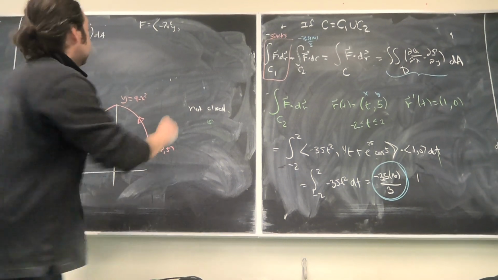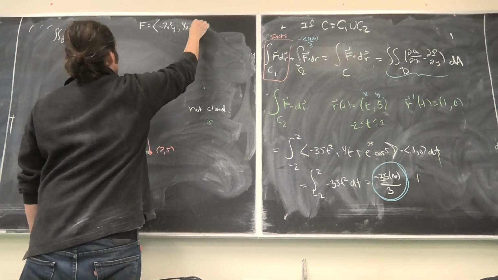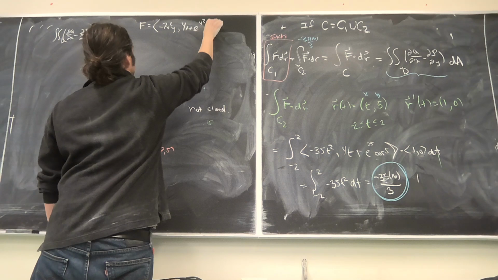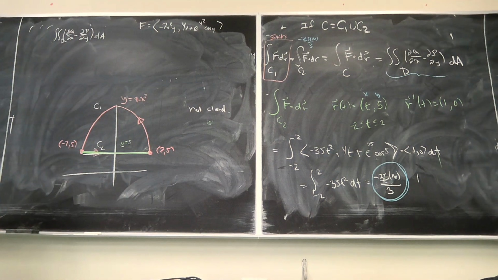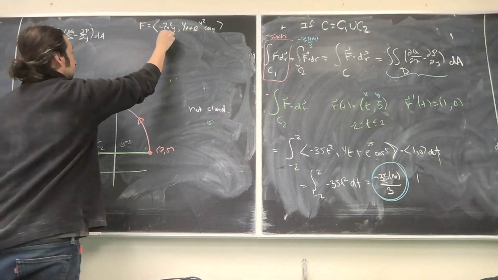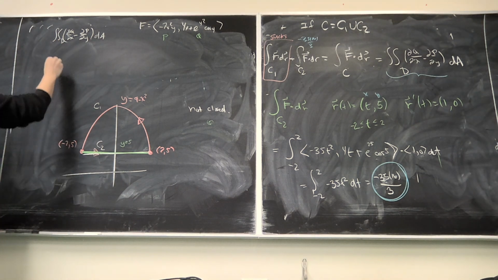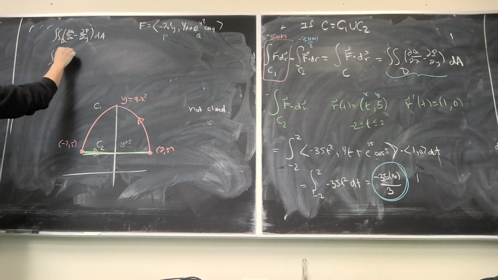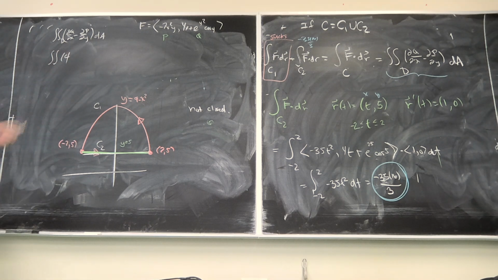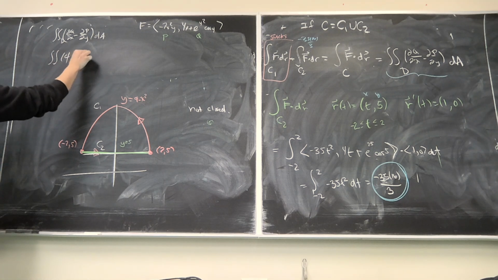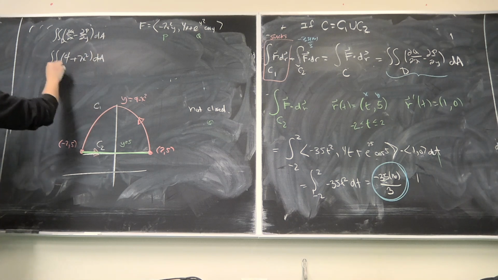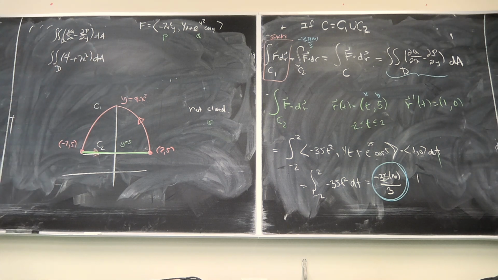It's 4x, okay. 4x plus e to the y squared cosine of y. If this is P and this is Q, then dQ/dx is 4. And dP/dy is 7x squared. That's a polynomial.